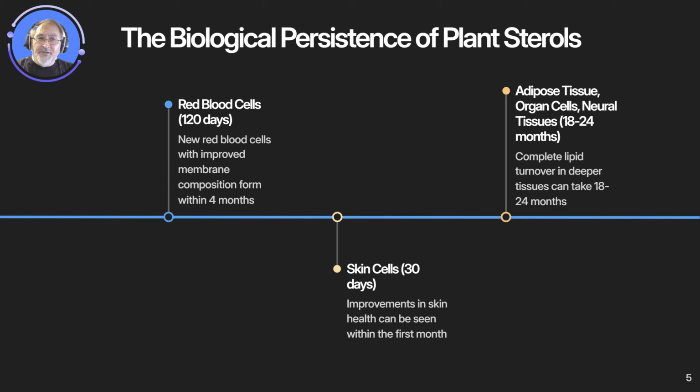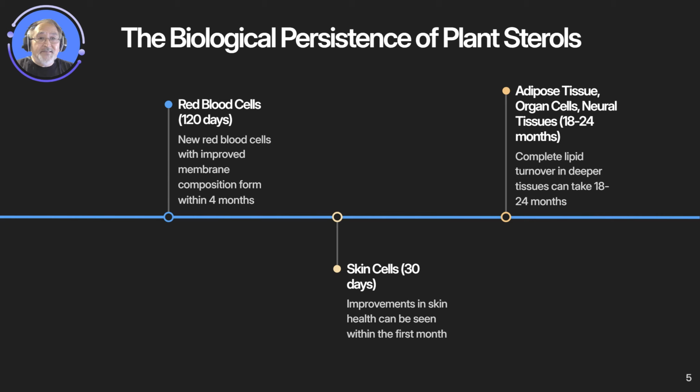As tissues regenerate, the body gradually replaces disrupted cell membranes with properly structured ones. Increased levels of plant sterols in plasma are not just markers for an inherited lipid storage disease, but potential harbingers of accelerated arteriosclerosis. That's hardening of the arteries.